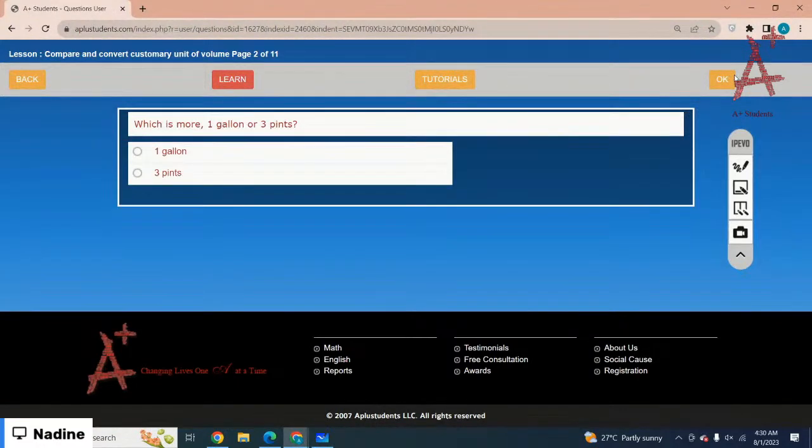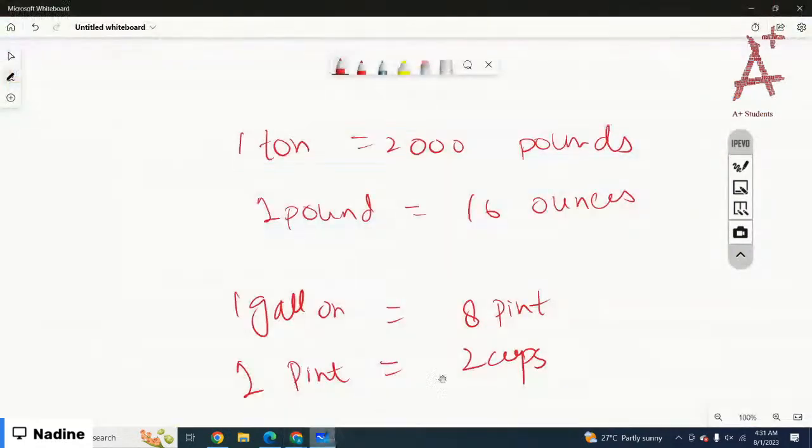Okay, which is more, 1 gallon or 3 pints? Which is the correct option? 1 gallon equal 8 pints.